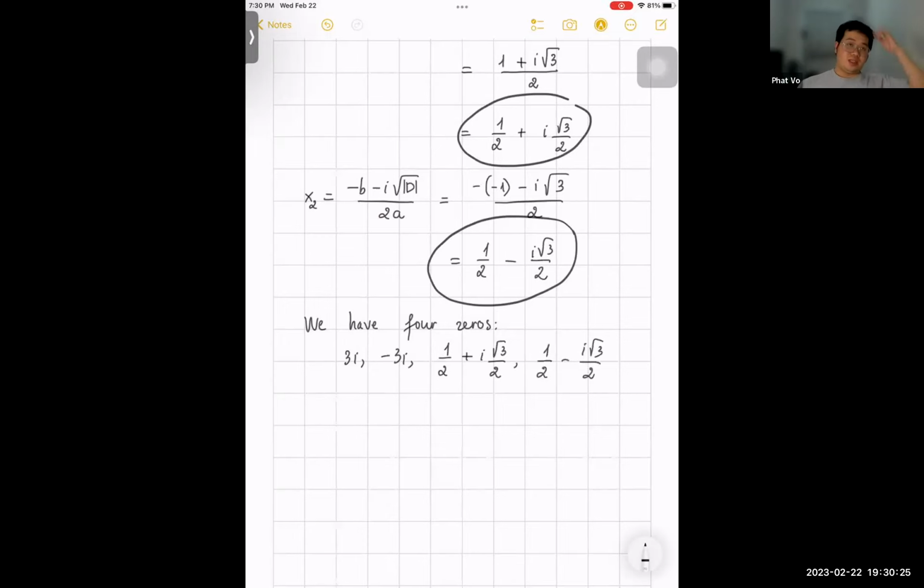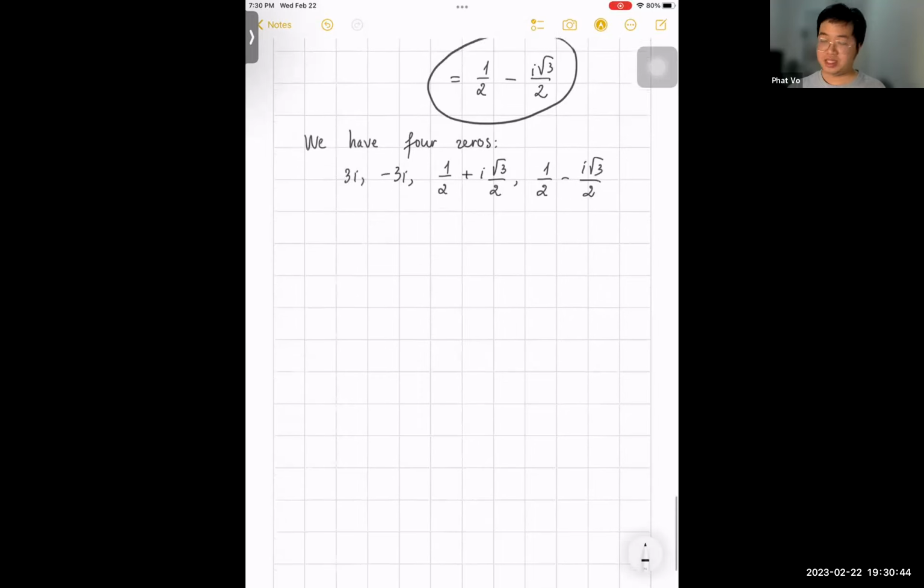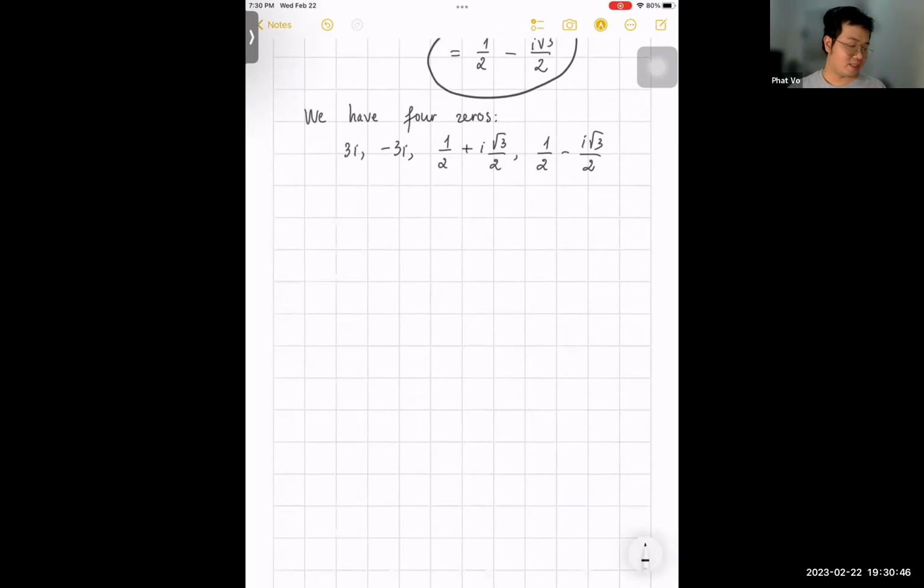Those are the 4 zeros we need to find in these equations. Any questions? Okay, thank you. So I will go to the next example, which is similar, so you can practice.